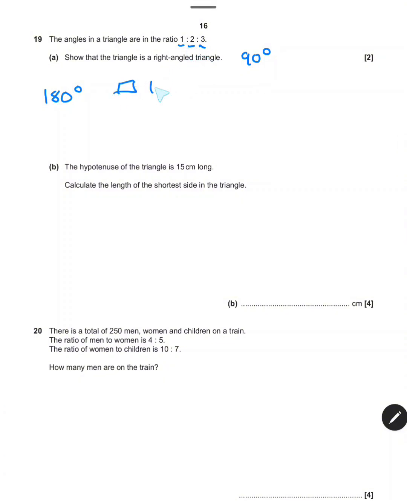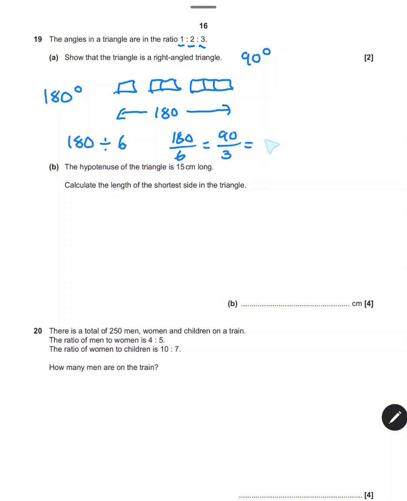So if I draw 1 box, 2 boxes, and 3 boxes, that's my 1 to 2 to 3. If I share 180 across this diagram, it's showing me I'm going to do 180 divided by 1, 2, 3, 4, 5, 6.